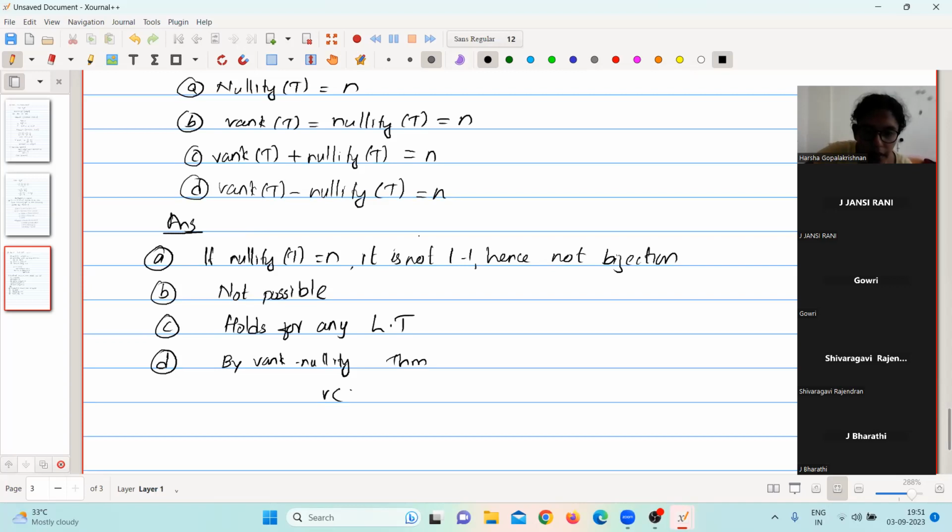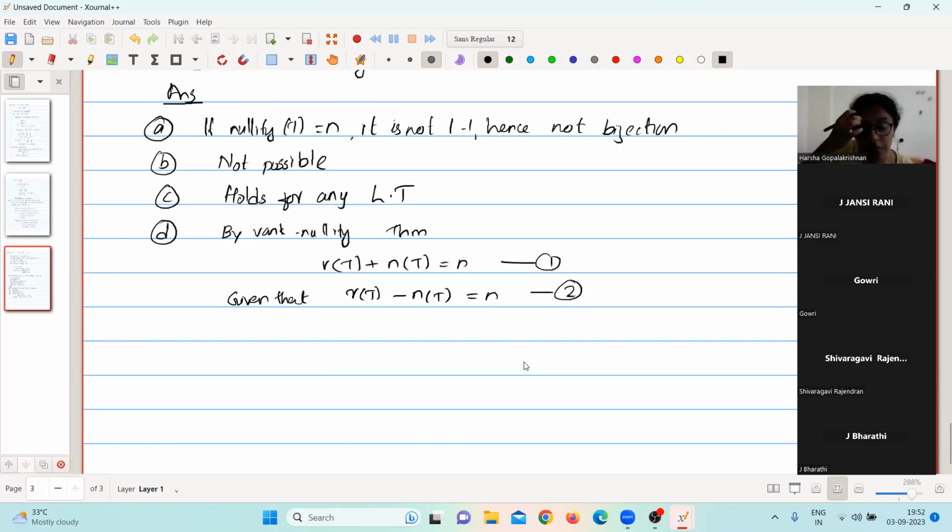we have rank of T plus nullity of T equals N. And given that rank of T minus nullity of T equals N. So we add 1 and 2, or we can subtract 1 and 2, whatever.